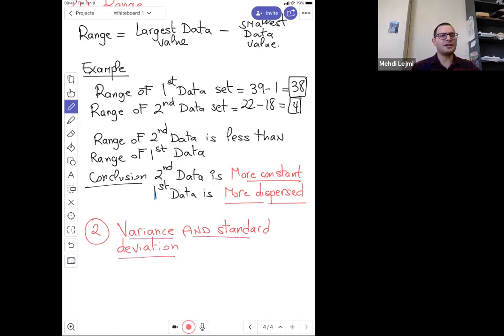I'm going to go really step by step here, because the formula we use to compute the variance and standard deviation is not easy. All right, so I'm going to try to go step by step.